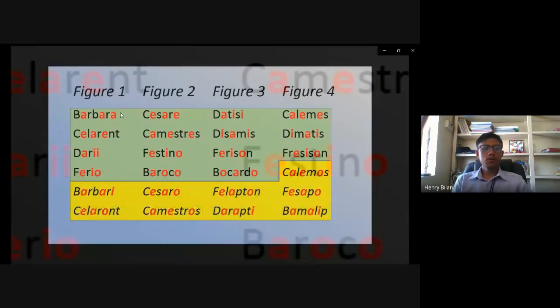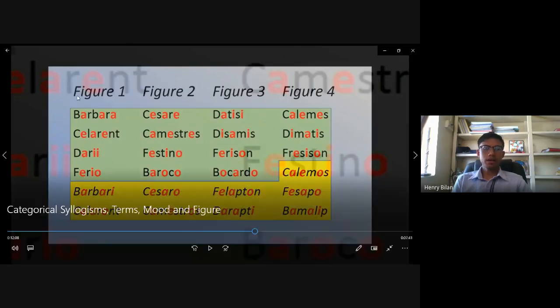So that in figure 1, the only unconditionally valid syllogisms are AAA, yung una, Barbara. Second is EAE. Pangatlo is AII, EIO. Same with figure 2, yung mga nakared dyan. Like, yan yung mga mood natin under figure 2. Figure 3, ganun din, and figure 4.